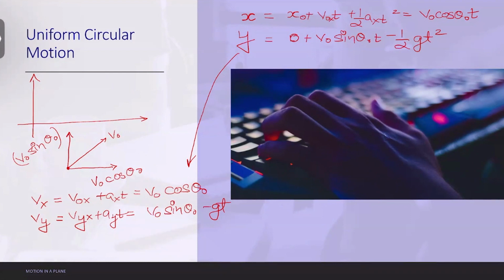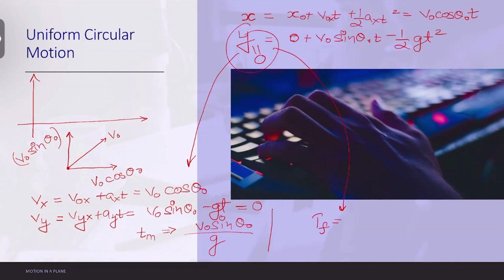To calculate the time to reach maximum height, that is tm, we can equate vy to 0, and hence find it equal to v naught sin theta naught by g. If we put y equal to 0, we obtain the total time of flight, capital TF, equal to 2 v naught sin theta naught by g.